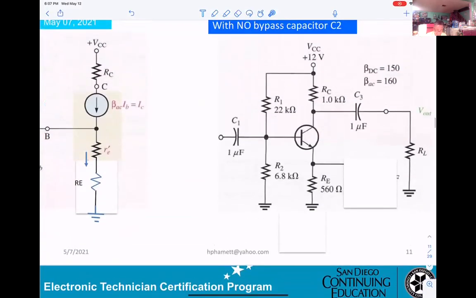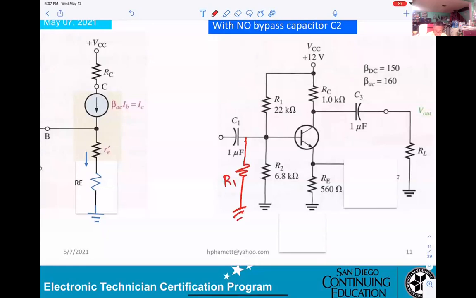If you're looking into this circuitry here, if you convert it into the AC, then you can get the R1 here, right? R2.